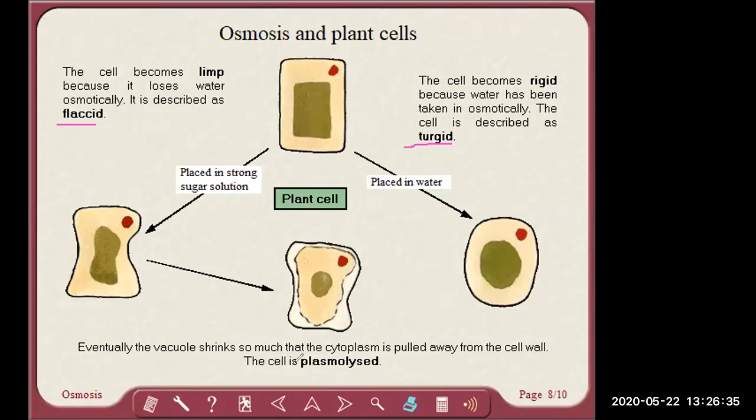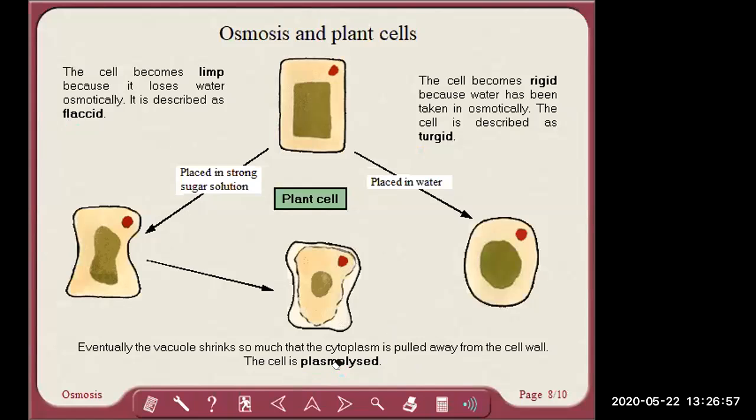And then this one here, the term plasmolyzed, we're saying that this has passed flaccidity. It has reached a stage where it's unlikely that the cell will be able to come back from the stage that it is in now, okay?